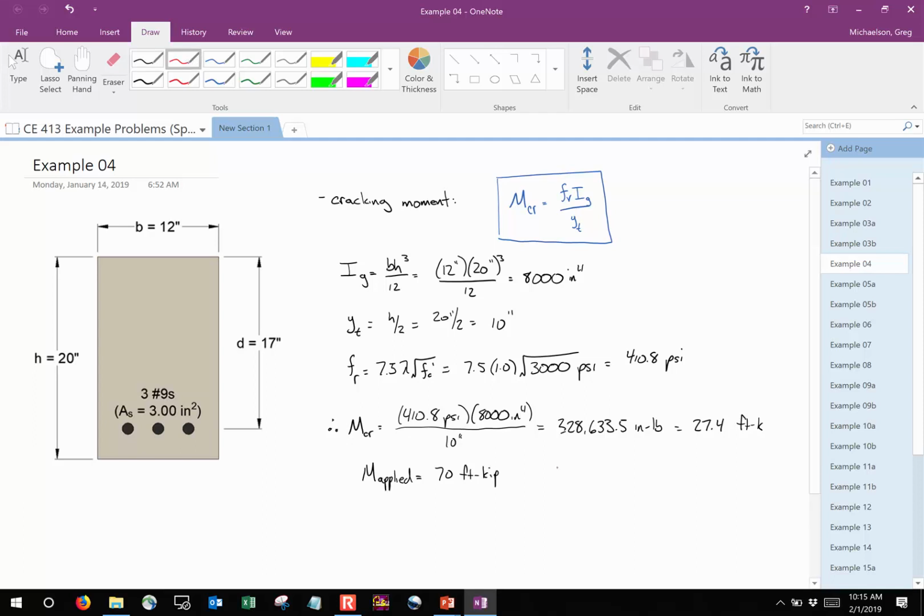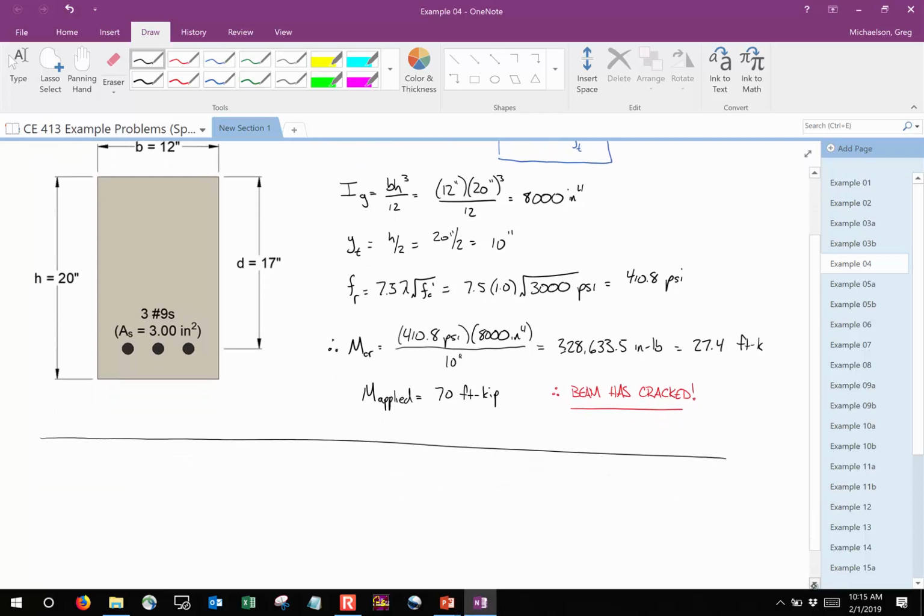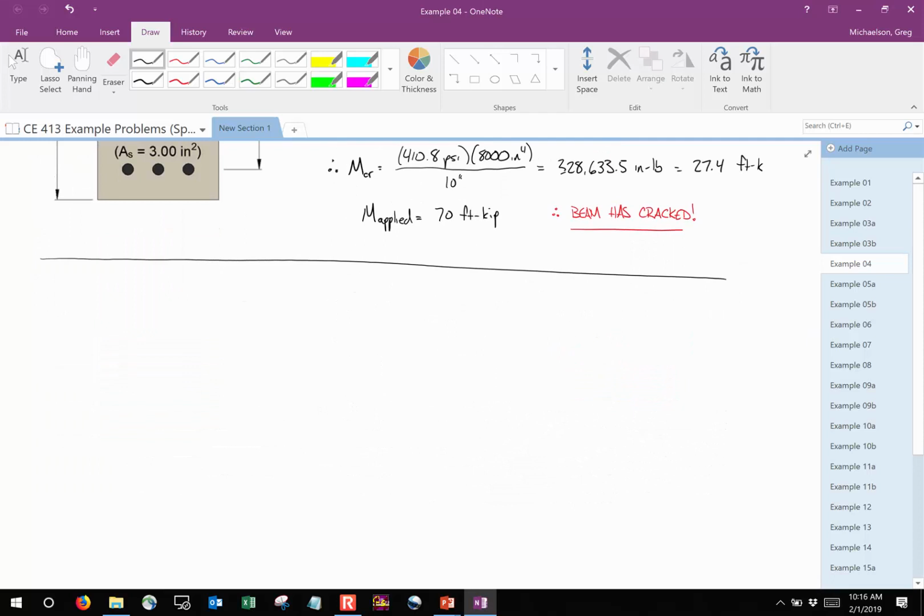And we'll say, therefore, beam has cracked. I think that's a fair statement, right? Okay. Any questions?